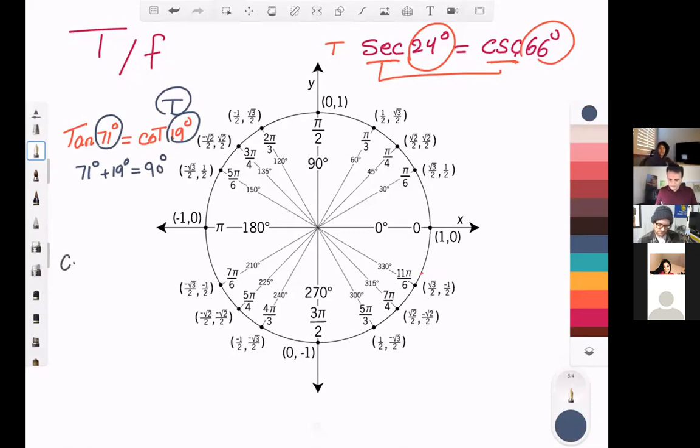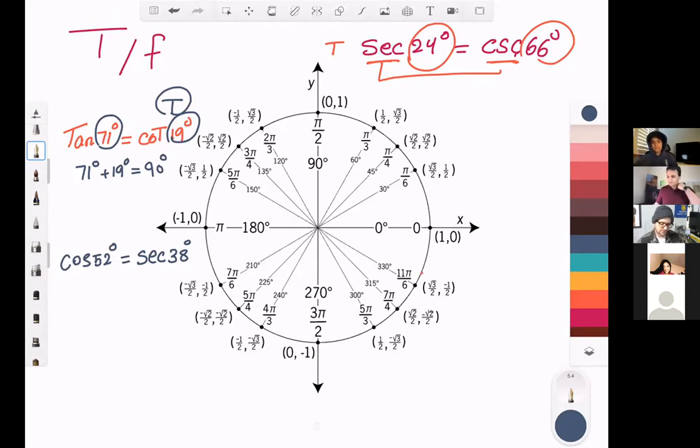What about cosine of 52 degrees equals secant of 38 degrees? Jake? I don't have my calculator right now, but I'm pretty sure that would be correct.